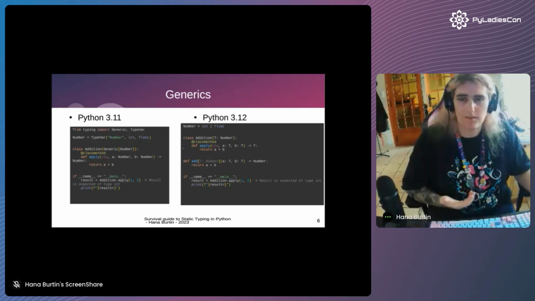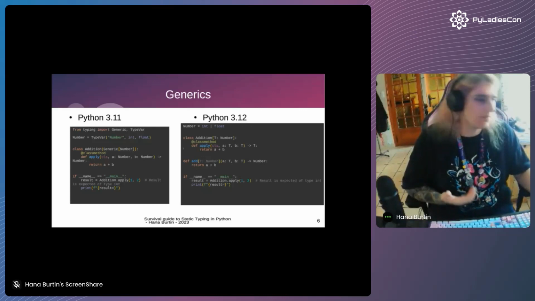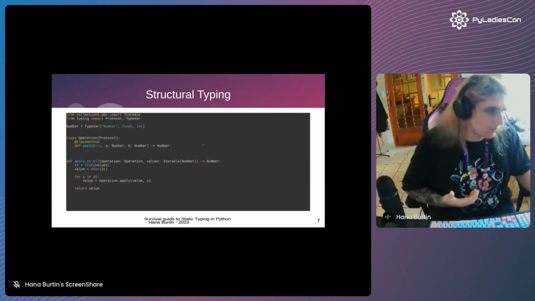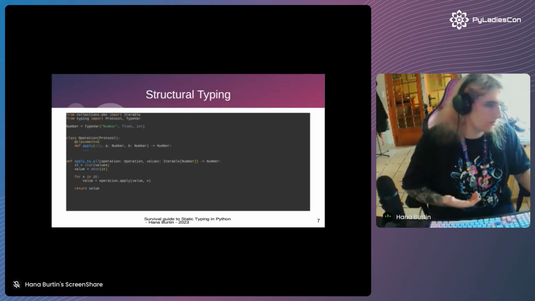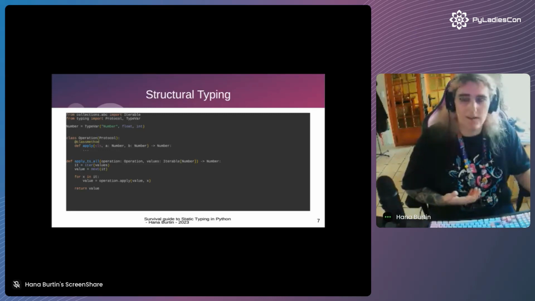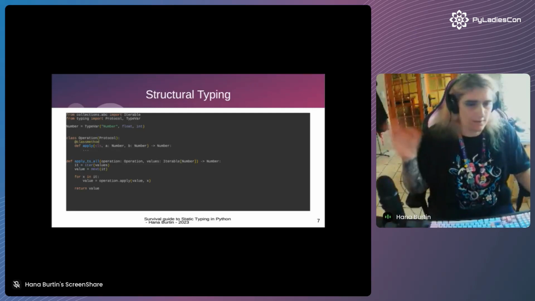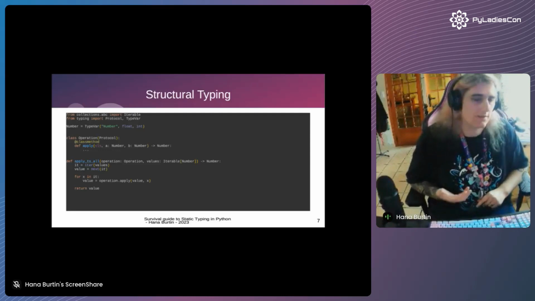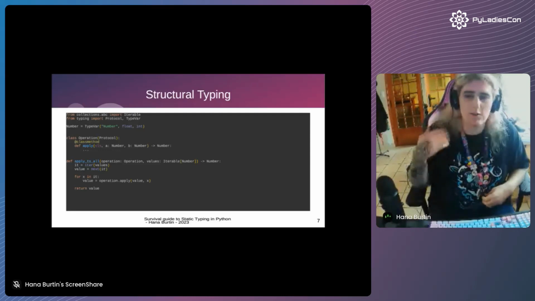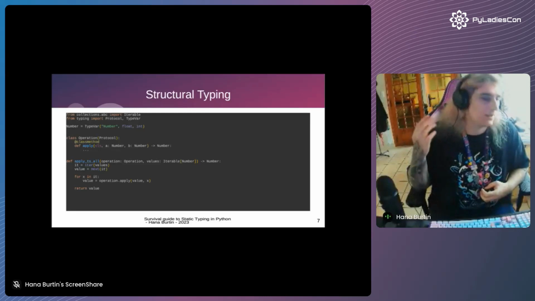Aside from this, we also have another thing in Python. For people who have already worked with TypeScript, you already know it, that's structural typing. This one is very useful when, let's say, you want to have a method, in this case just extending the previous example, the operation class, that's a protocol. So that's how you define structural typing in Python.